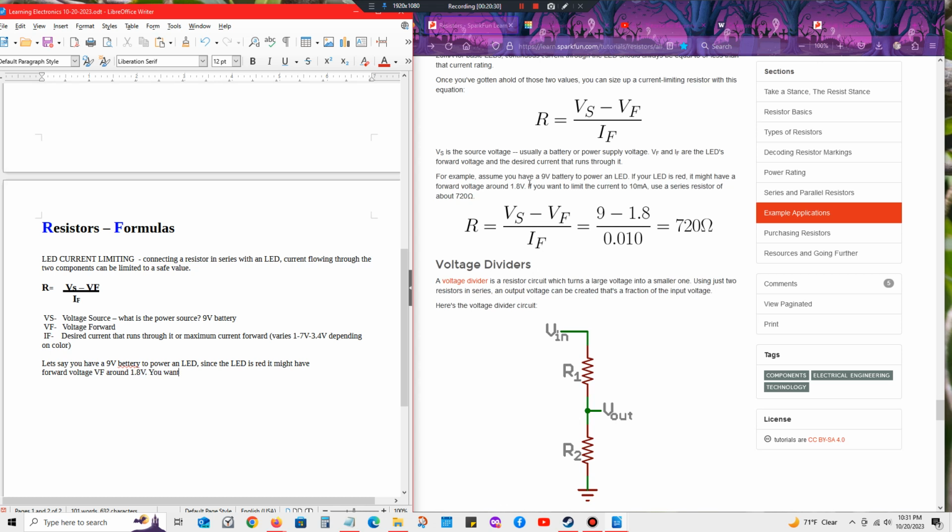But you want to limit the current to 10 milliamps. Okay, so you use a series resistor of about 720 ohms.